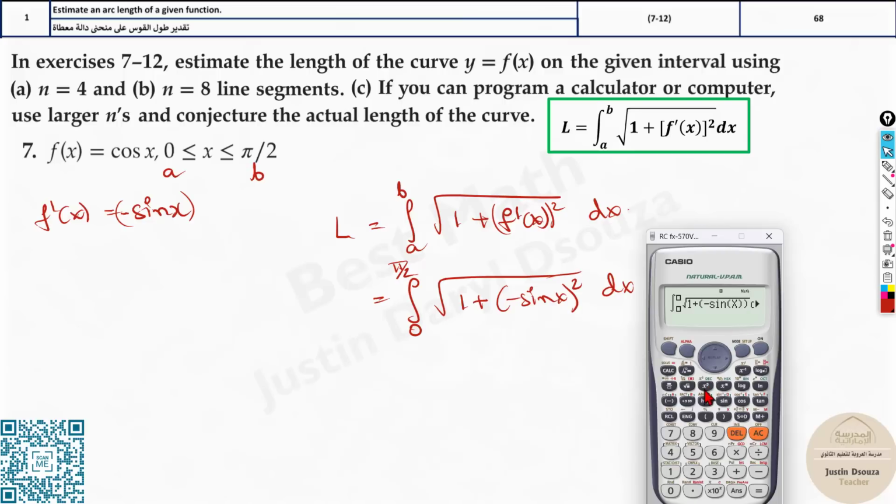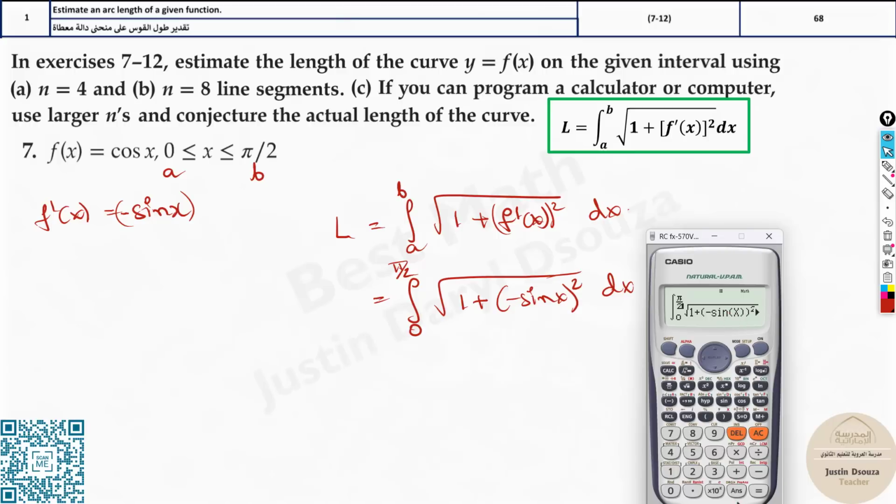But why am I putting the brackets? Because I have to square it up. And then dx remains as it is. And over here it is 0, and what is the above one? It's pi by 2, that is, use the fraction symbol, shift and pi divided by 2. Don't write 3.14. Don't write it in degrees because you are dealing with trig functions.